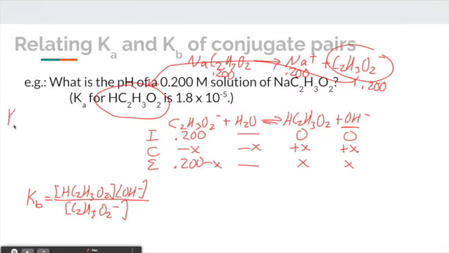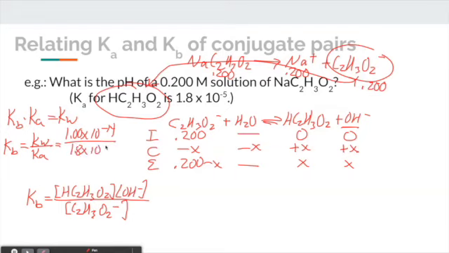But remember that Kb times Ka for the conjugates are equal to Kw. So as long as you're talking about the A for the acid and the B for the same conjugate base, this relationship holds. So that means my Kb, which is what I want to know here, is equal to Kw divided by Ka. So Kw, 1 times 10 to the minus 14th, Ka, 1.8 times 10 to the minus 5.